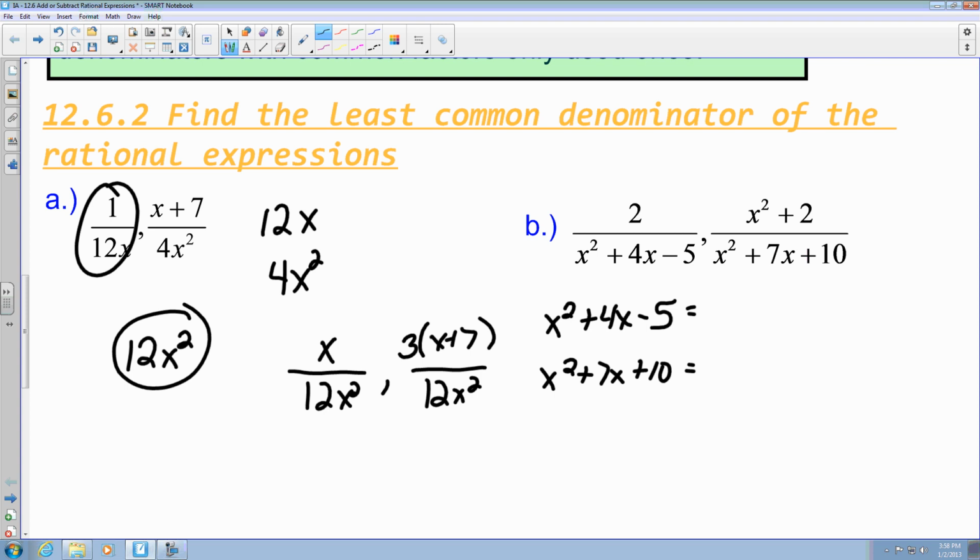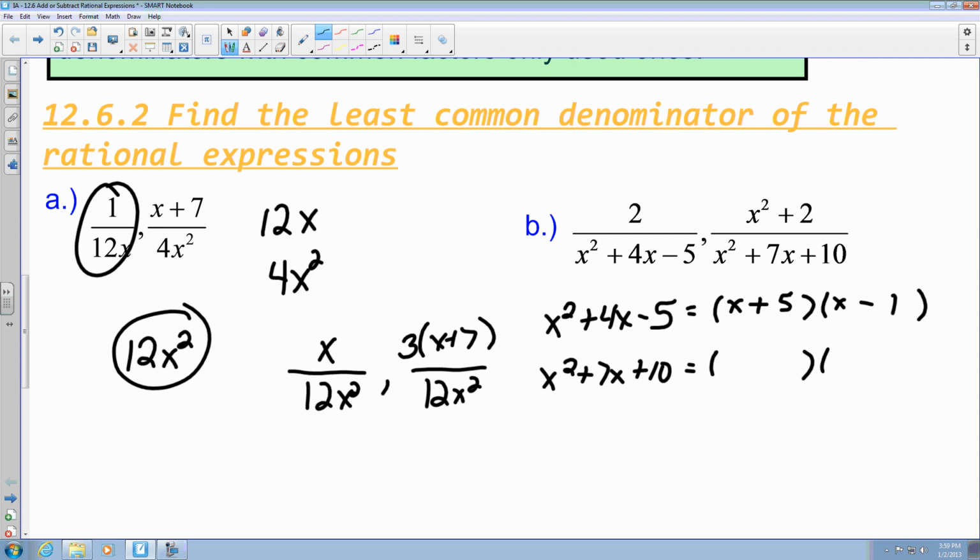These can be reverse FOILed. And if I go parentheses, parentheses, I got x. This -5 here means that they're going to be different signs. And it's going to be x plus 5, and it's going to be x minus 1.